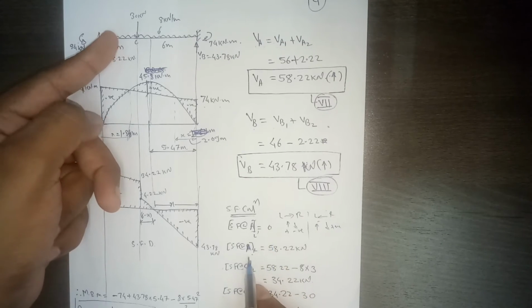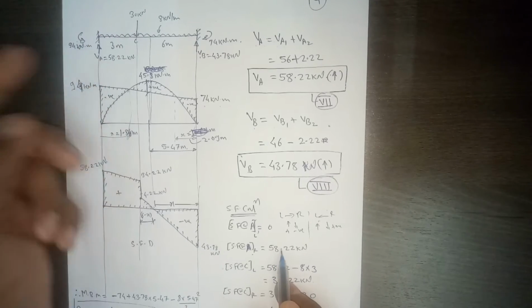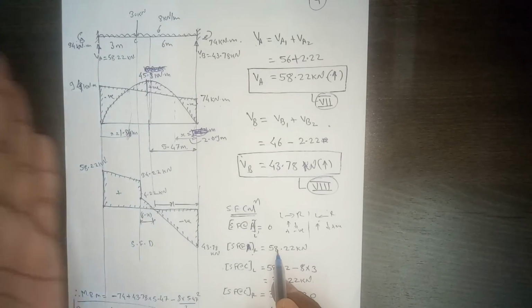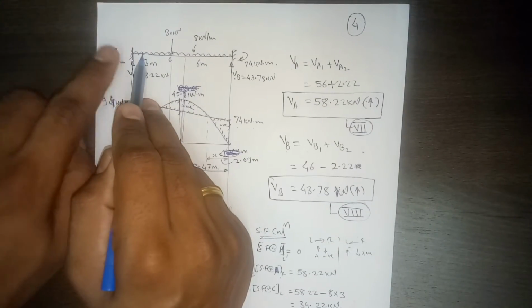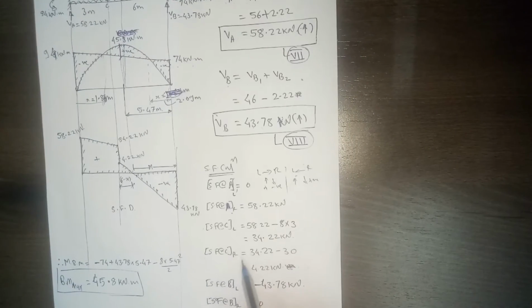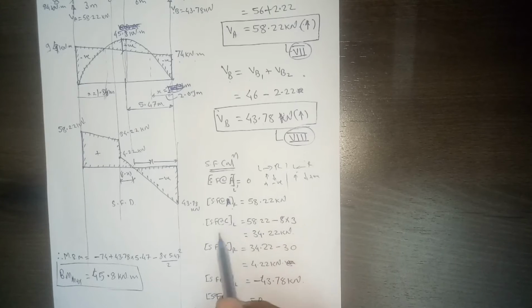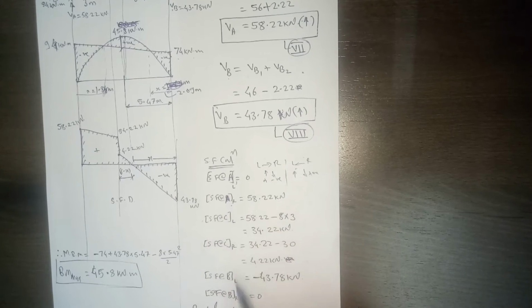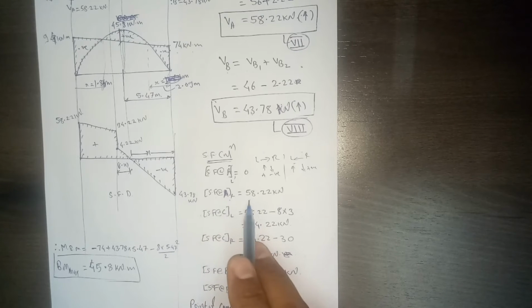But if you cross it, then on the right hand side of A point you will get this reaction, because you are coming from left to right and you are already on the right hand side, so you have to consider this vertical reaction. These shear force calculations are typical, which we have done so many times in class, so I'm not going to discuss it in more detail. But then shear force at A point is 58.22 kilonewton.